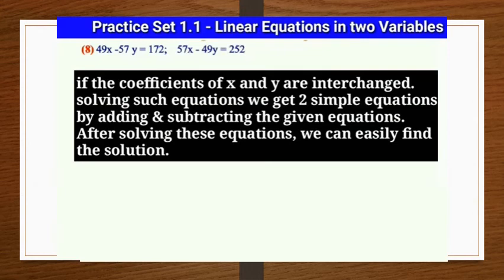If the coefficients of x and y are interchanged, solving such equations, we get two simple equations by adding and subtracting the given equations. After solving these equations, we can easily find the solution.